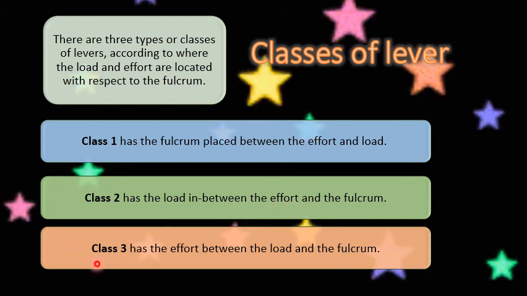Now the lever class 3 has the effort between the load and the fulcrum. So we can see one thing here: class 1 has the fulcrum in the midpoint, class 2 has the load in the midpoint, and class 3 has the effort at the midpoint.